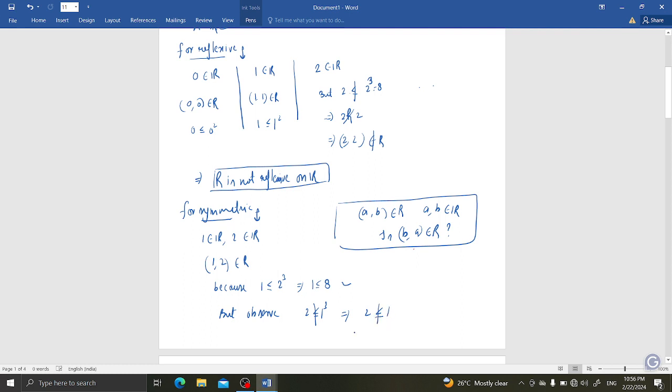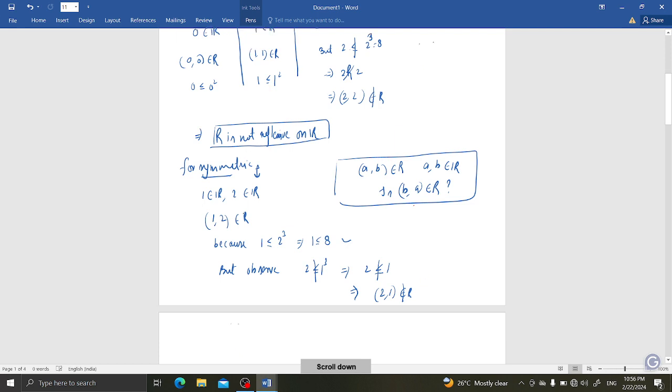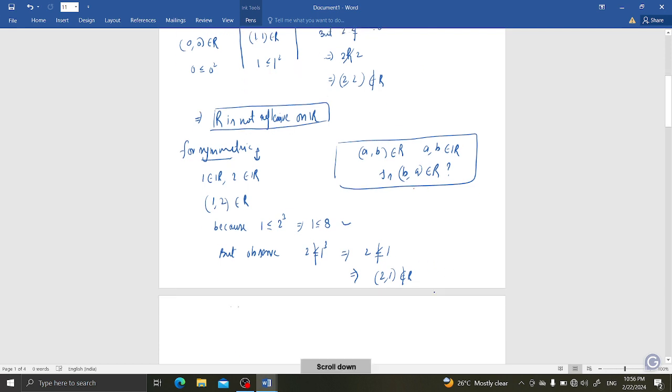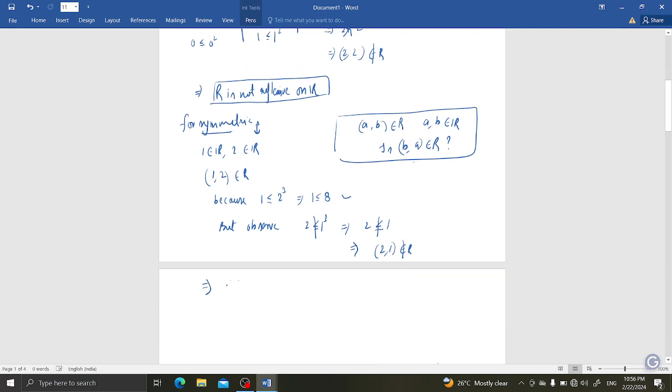So it implies that (2, 1) does not belong to R. (1, 2) is there but (2, 1) is not there, so it implies that R is not symmetric. If this property fails for an ordered pair, then we can say it fails. R is not symmetric on R.